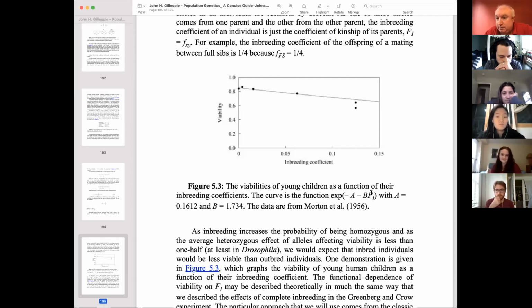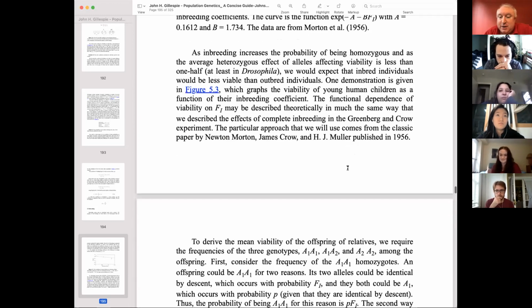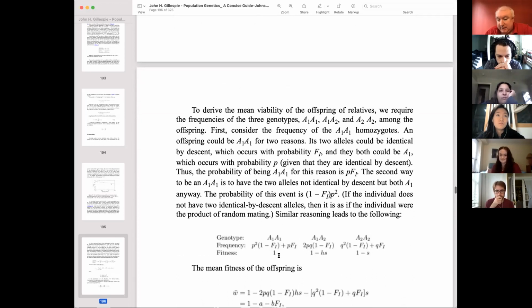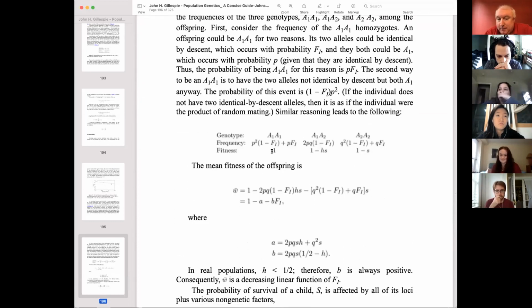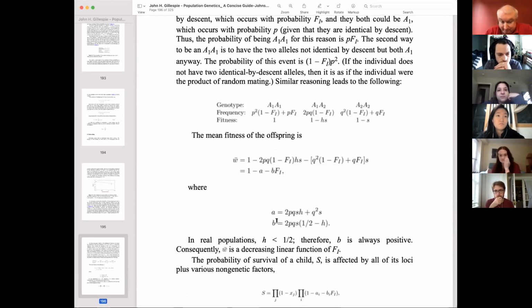So if we assume the reason this is falling off with respect to the inbreeding coefficient is because of the difference in mean fitness between individuals who are outbred and individuals who are inbred, meaning all they have is these two genotypes, we find that the difference in fitness between them has this form.